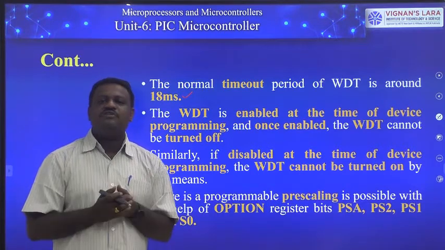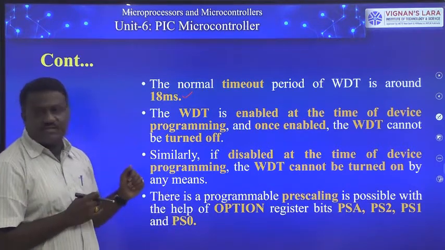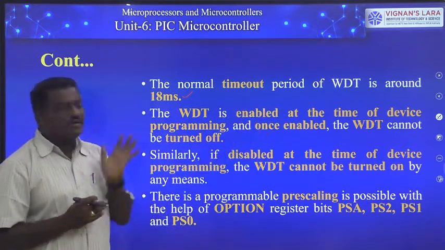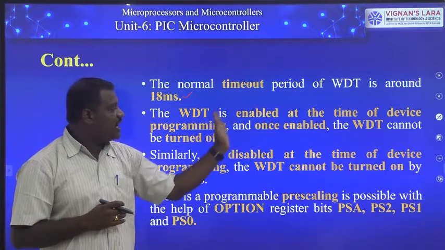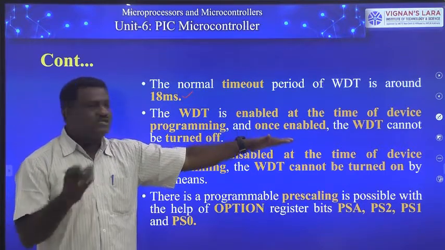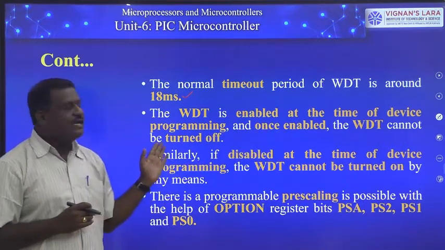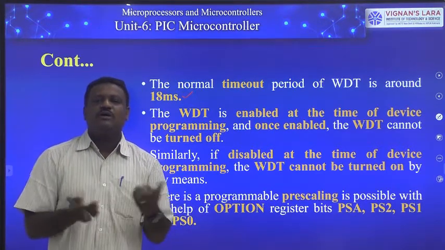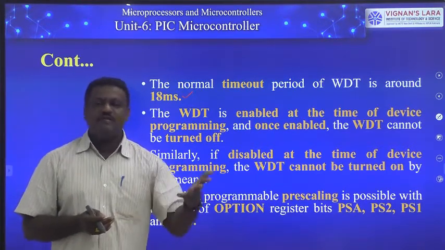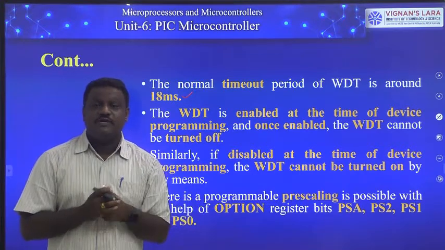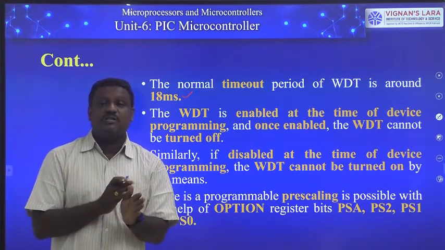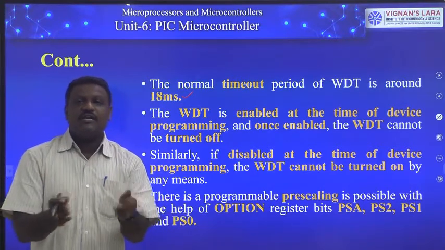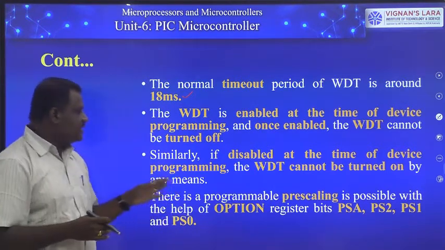The watchdog timer is enabled at the time of device programming, and once it is enabled, WDT cannot be turned off. When you are programming it, you enable your watchdog timer. Once you enable it, it won't be turned off. So that's the meaning of this.